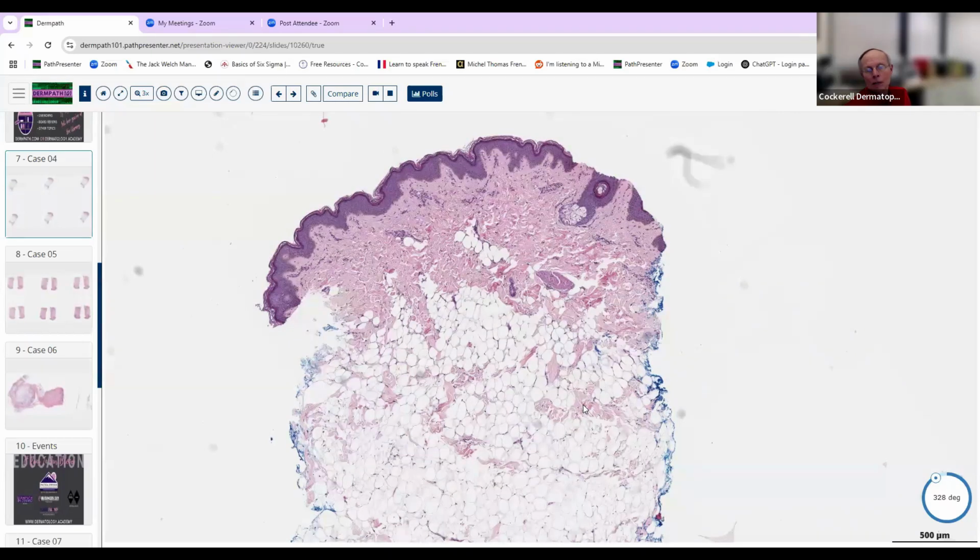So nevus sebaceous, for example, if you say, well, let's just shave that down and see if we can remove it, that doesn't work. It's almost always going to recur because the dermal component of that contributes to the lesion too. So if you really want to get rid of a nevus sebaceous, you have to excise the whole thing. Same thing if you get a multiple papular type of epidermal nevus. You have to excise it. You can't just shave it off and think it's going to go away and stay away.